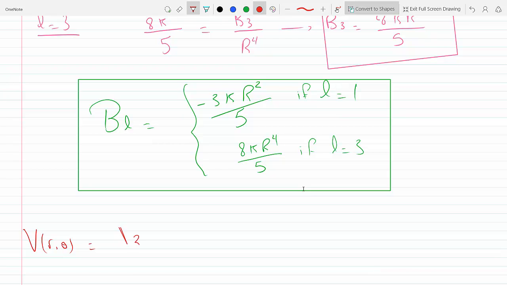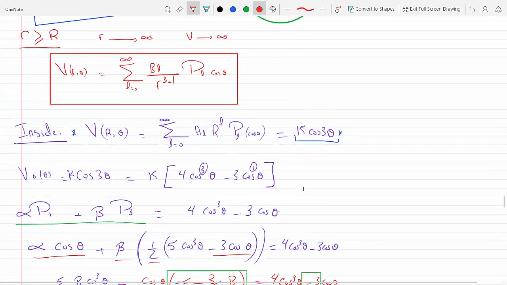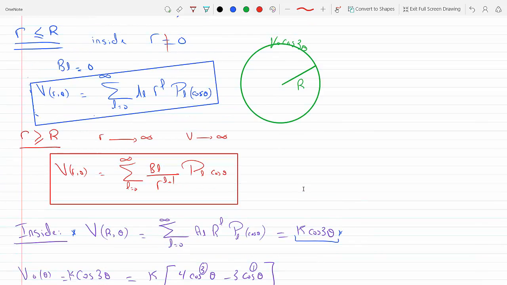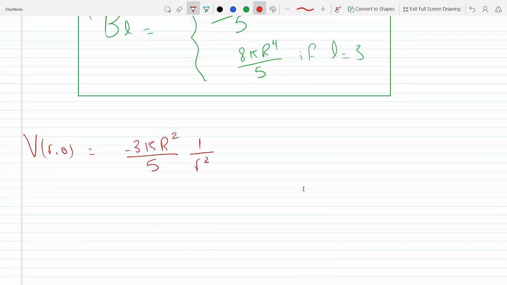For L equals 1, we get B_L, which is minus 3k R squared over 5, over r to the L plus 1, so that's r squared, times P1 cosine theta, and we know what that is.